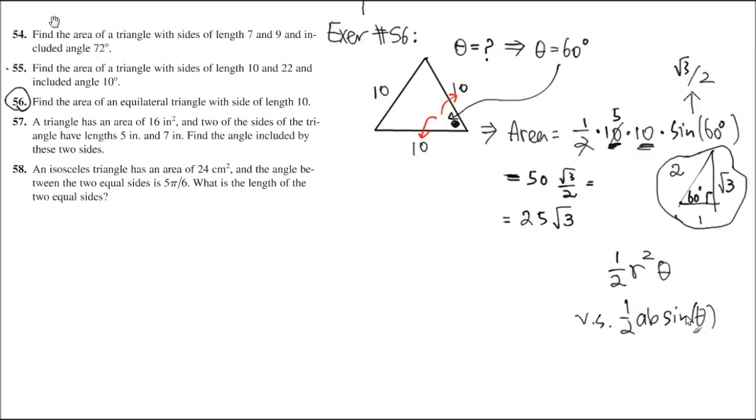Those two area formulas, one is not for a triangle and the other one is for the triangle, right? So if what you're looking at is not a triangle, then you can't use this one.